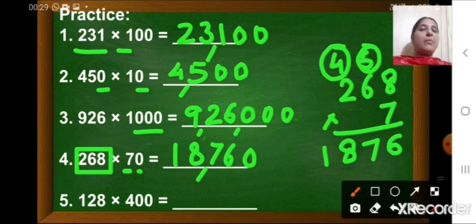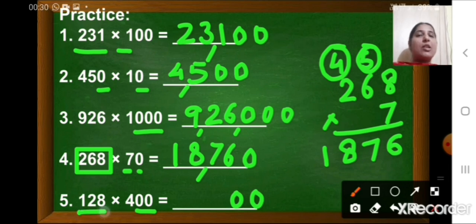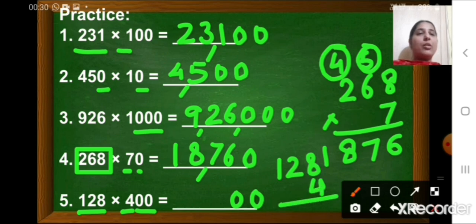Now look at the example number 5 here. 128 multiplied by 400. So again what will we do here? First we will write 2 zeros here. You can see 2 zeros are here, that we will write first. And now we will multiply this 128 by the remaining digit, which is 4 here. So let's multiply 128 multiplied by 4. So 8 fours are 32.